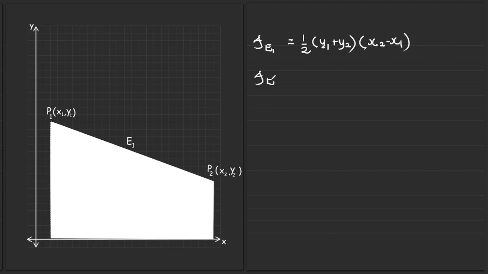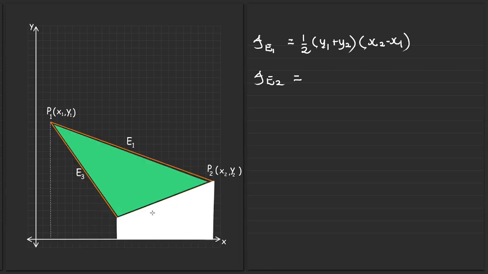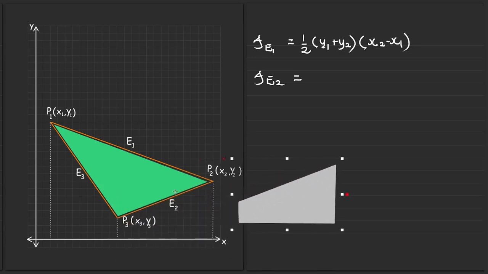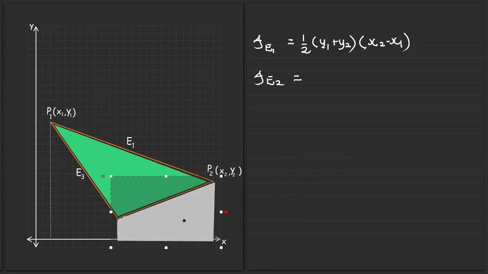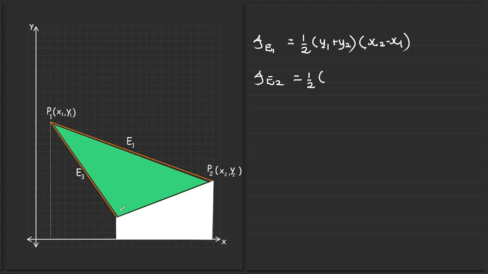Then we come to the area of E2. So for E2, this is going to be the trapezium it has made. You see, because this is our E2, just as we proved. So we want the area of this particular trapezium. For E2, we are going to say we have 1 over 2, the same set of formulas. So we have 1 over 2, then into bracket, the y coordinates.